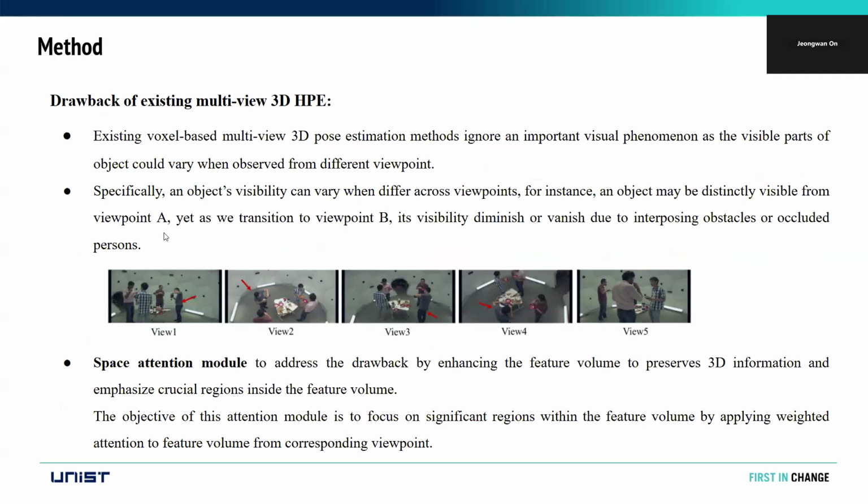If you see the image here, we have different points of view: view 1, view 2, view 3, view 4, and view 5. The visibility can depend heavily on the point of view. As you can see here, this person in view 1 to view 4, we can see him clearly, but when we move to view 5, this person becomes obstructed, which means that we cannot see him.